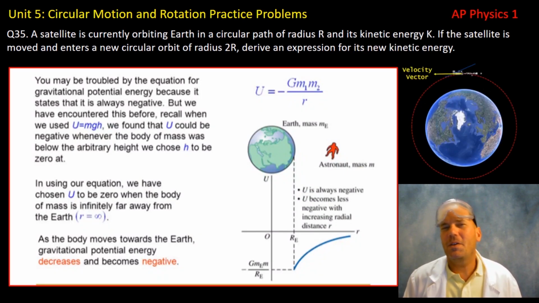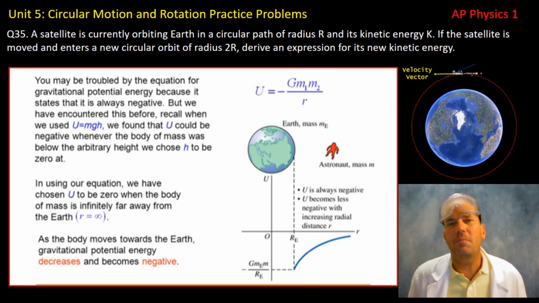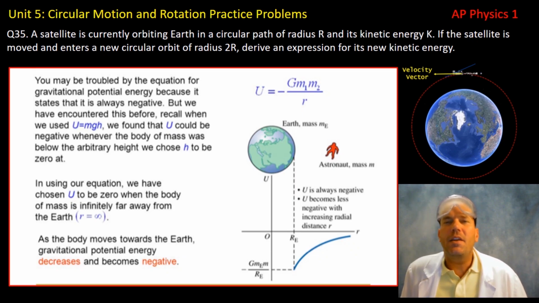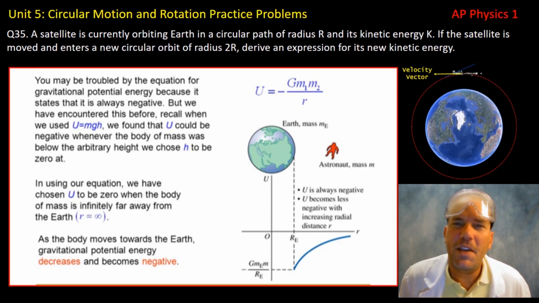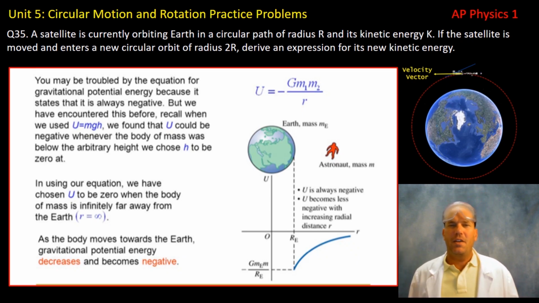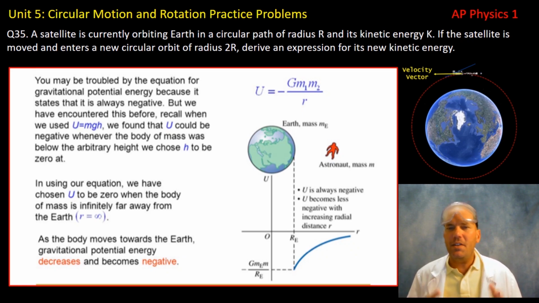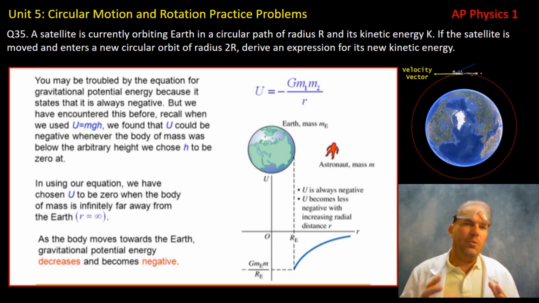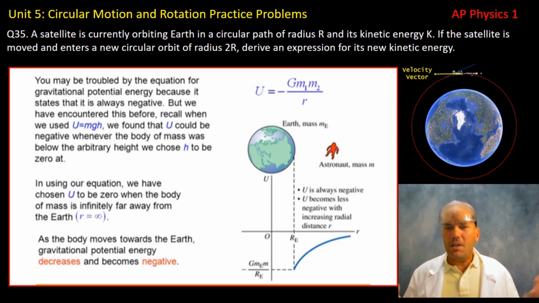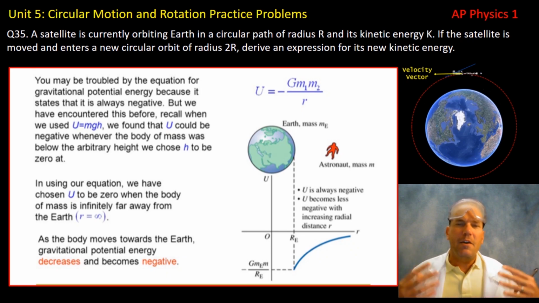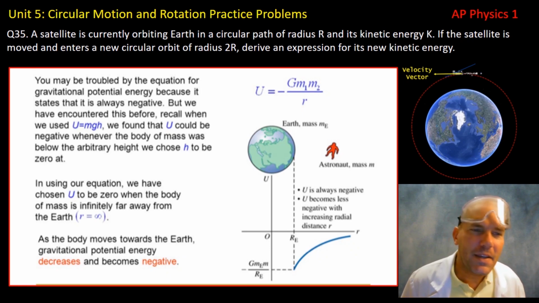All right, question 35 here. We are going to start getting into some discussion of the universal gravitational potential energy. And in class, I have explained this. I'll explain it again in case it didn't quite make sense, but we're going to need this intuition on this problem, and College Board will always have 1 or 2 of these on their AP exam.